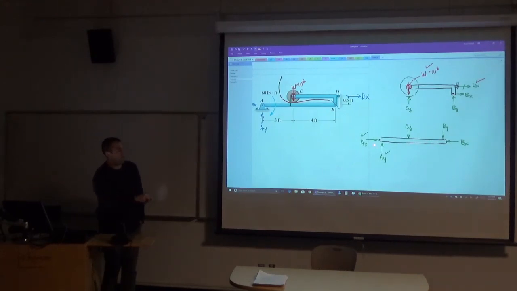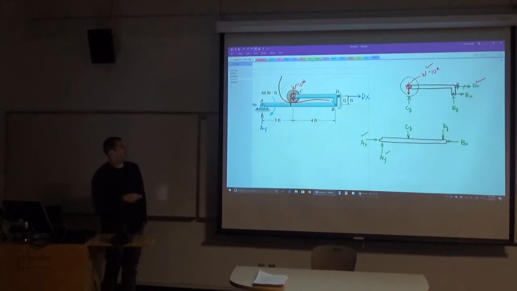But back to the question again, I know all of the geometry, I'm just not drawing it for time's sake. I know AX, I know AY, I don't know CY, I don't know BY, I don't know BX. Do I have enough equilibrium equations to solve for these 3 unknowns? Absolutely. And so the trickiest thing about this problem is this section cut through the roller.